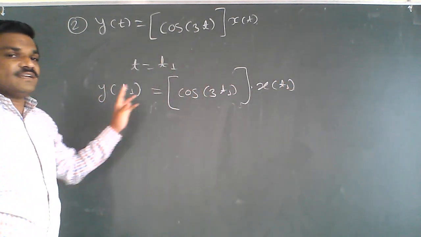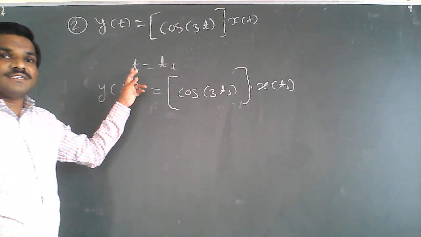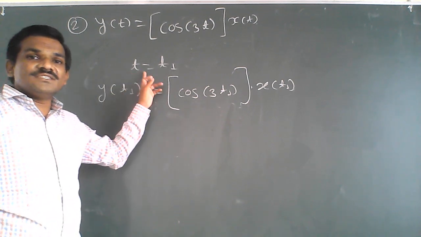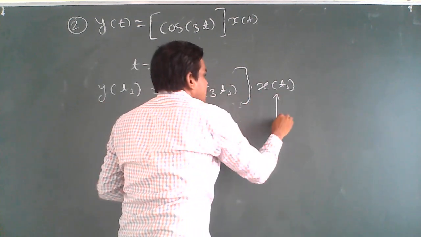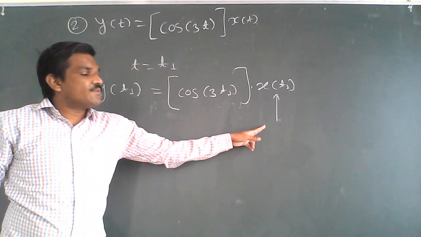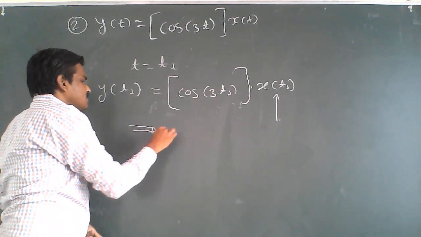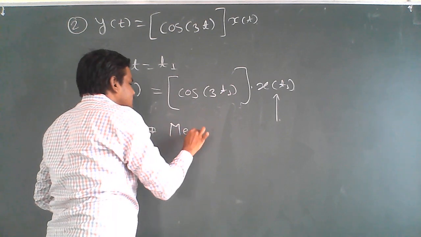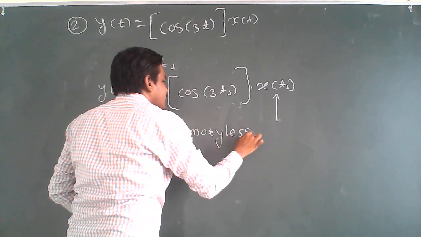You can see that the output, that is y of t1, depends upon the present value only. This implies that the system is a memoryless system.